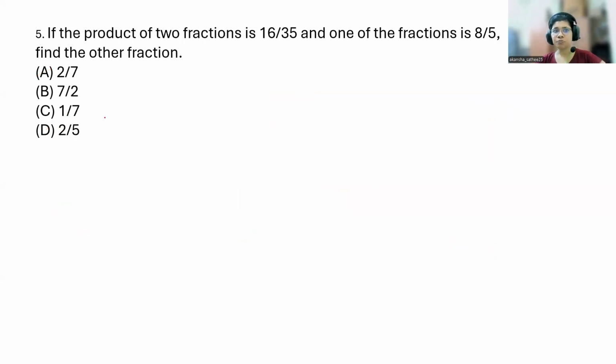Next problem. If the product of two fractions is 16 by 35 and one of the fractions is 8 by 5, find the other fraction. Let X be the other fraction.